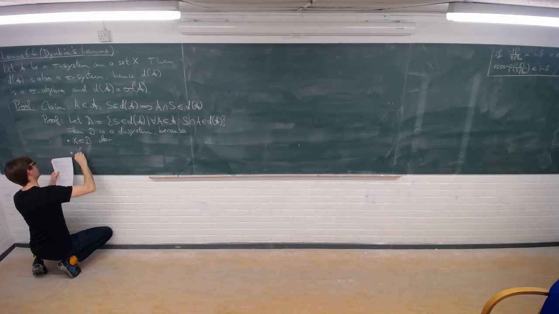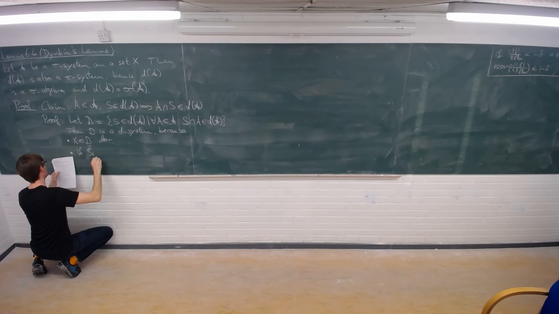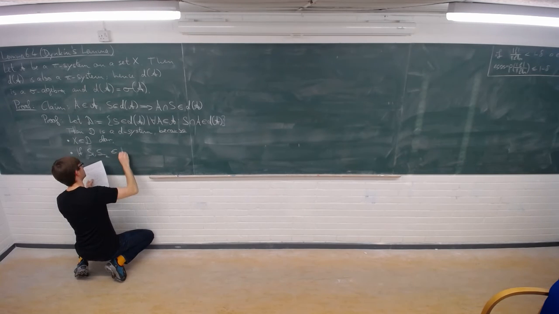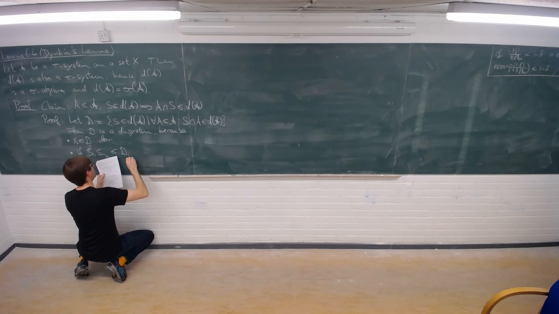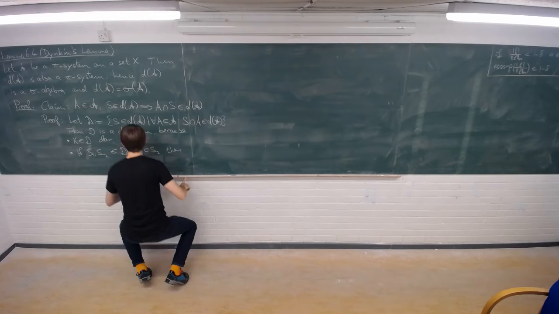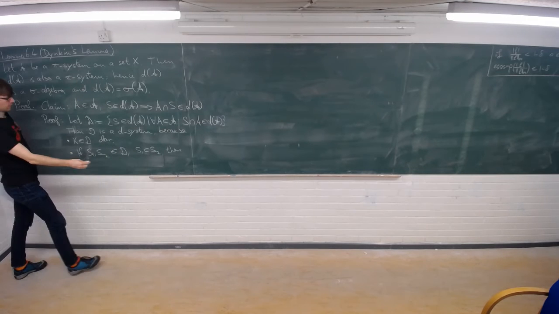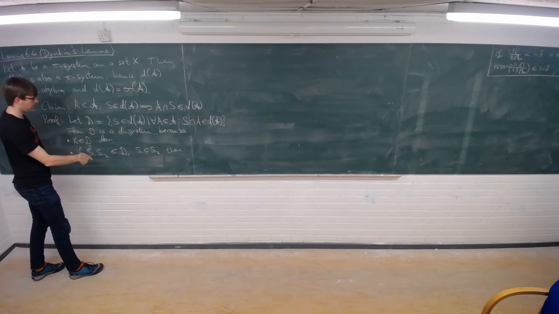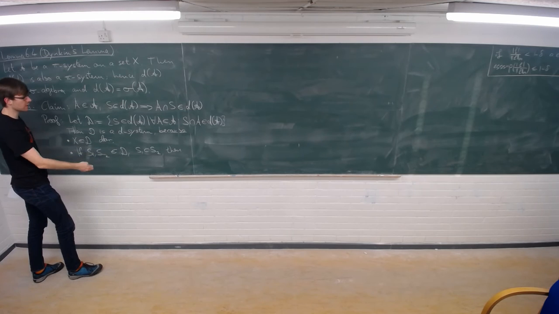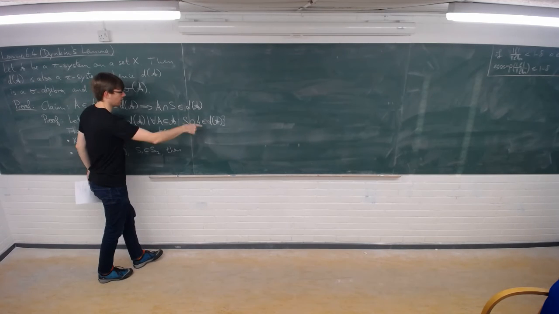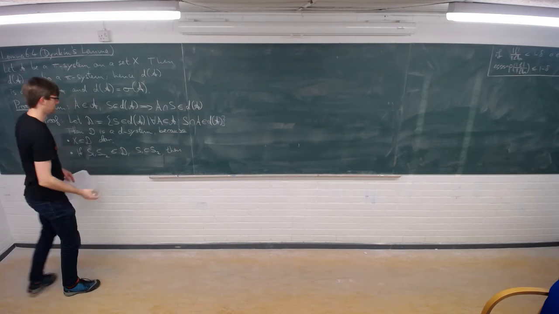So more precisely, if S1, S2 are in D, and S1 is a subset of S2, then we have to show that S2 minus S1 is in D again. And S2 minus S1 being in D means we have to take the intersection with the set in 𝒜 and then show that that's in D(𝒜).